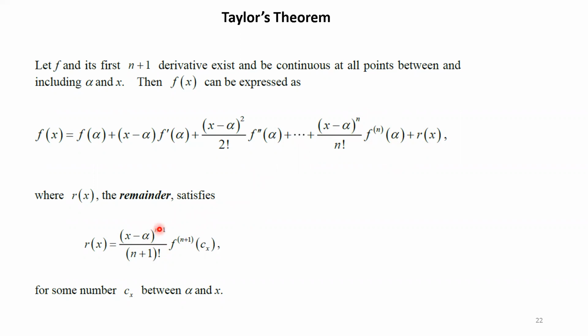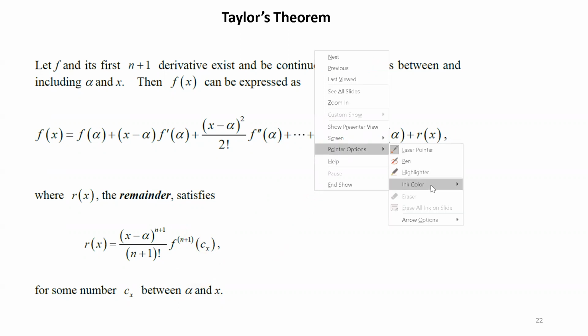But one important difference is that this derivative is not taken at this alpha. Instead it is taken at some unknown number c of x, which lies between alpha and x.